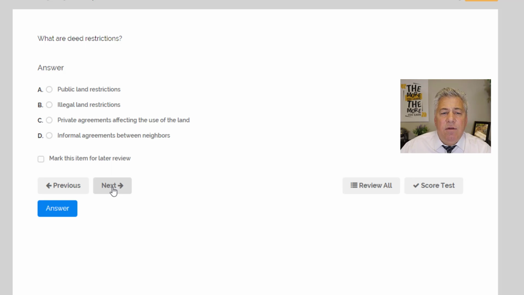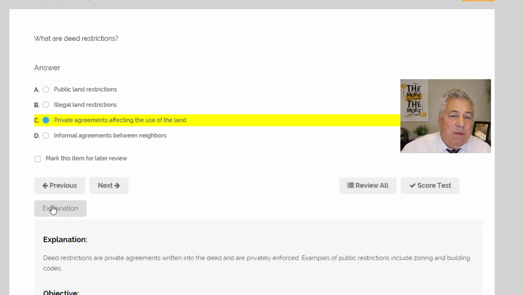And D, informal agreements between neighbors. And your answer is private agreements affecting the use of the land. Deed restrictions are private agreements written into the deed and are privately enforced. Examples of public restrictions include zoning and building codes.